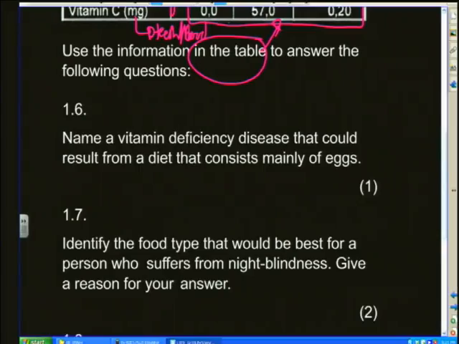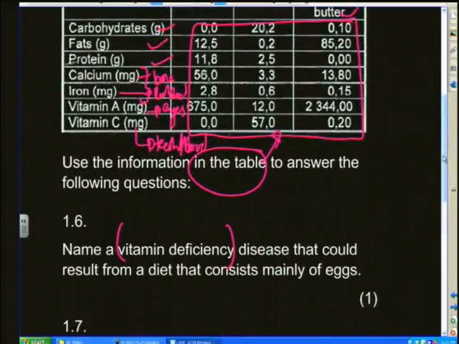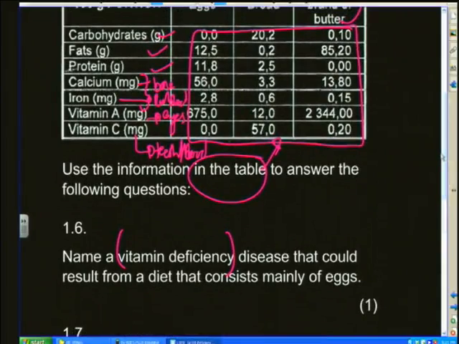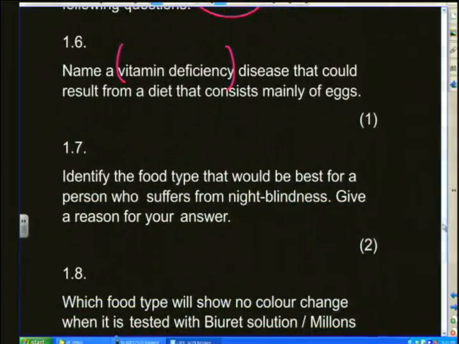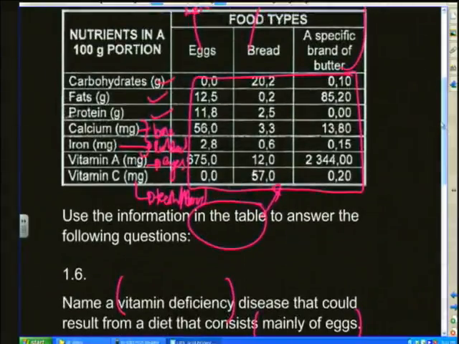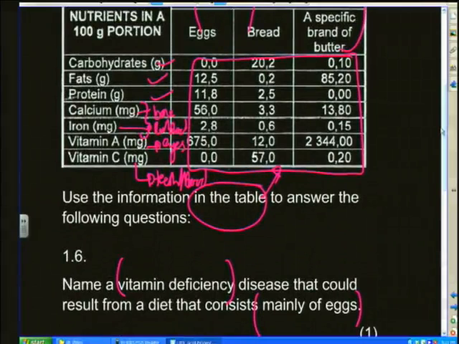Now question number 6. Name a vitamin deficiency that could result from a diet that consists mainly of eggs. That should narrow it down because you've only got 2 vitamins there, vitamin A and vitamin C. Eggs are rich in vitamin A, so do we have a deficiency?